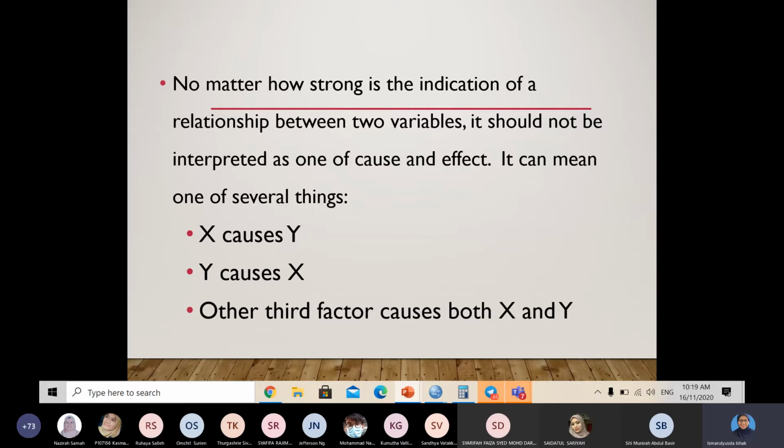The words of cause and effect, you cannot get from the correlation, but you get it from the design of the study. If you are doing cross-sectional, no. But if you are doing an intervention study, experimental study, then you can say, okay, this is the cause and effect.